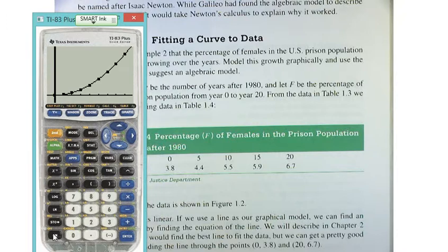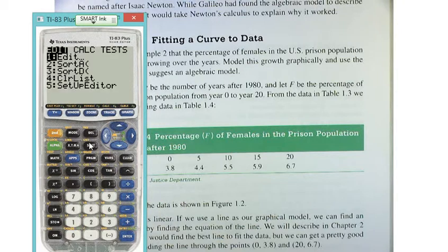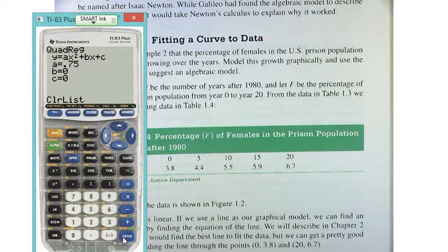So I'm going to come in here, I'm going to clear a bunch of stuff out from our previous problem. If I hit stat, now another thing you could do is you could hit clear list and then choose L1 and then hit comma and then choose L2. Now what I just did is I told my calculator to clear the list L1 and L2, but I keep getting a syntax error.